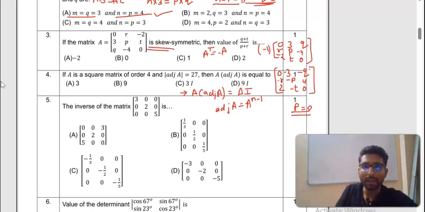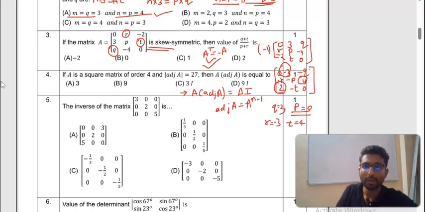Okay, now we compare A and our result -A. So here you will see what the value of Q will be. The value of Q is 2. Okay, here it's Q and here it's 2 after this condition. The value of P is 0, T equals 4, and R equals -3.